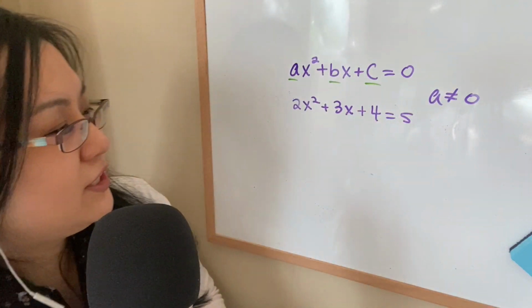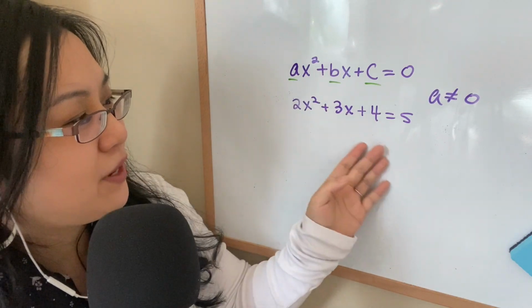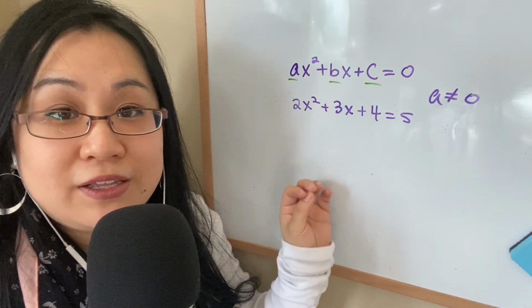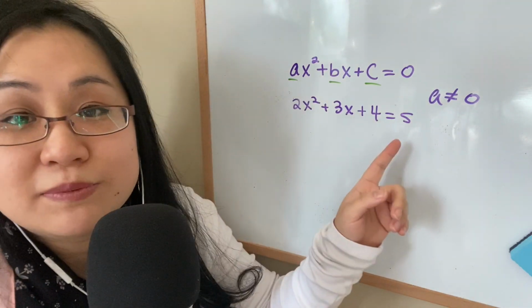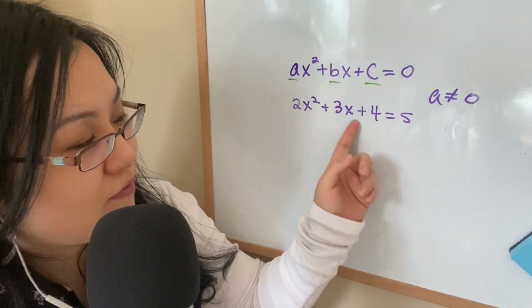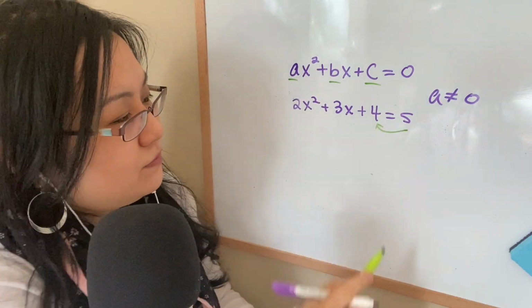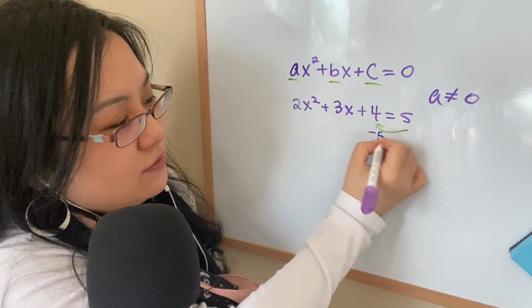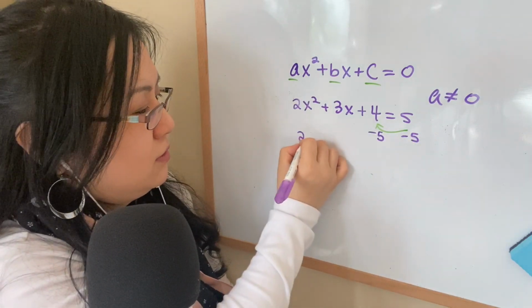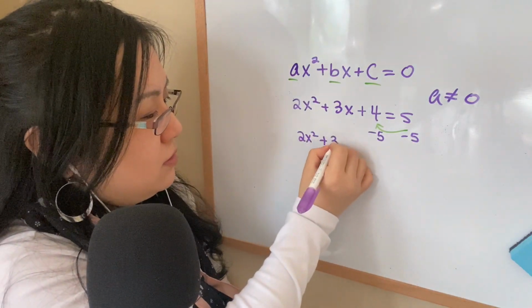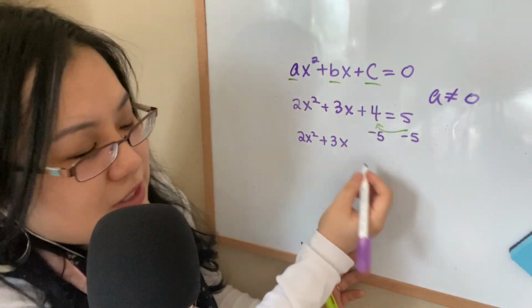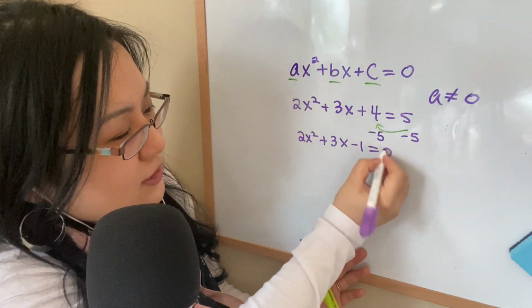Because I'm original like that. 2, 3, 4, 5. Okay, so before we do anything, we have to get this side to be 0. So we're gonna move this 5 over here by subtracting 5. So 4 minus 5 is -1, like this.